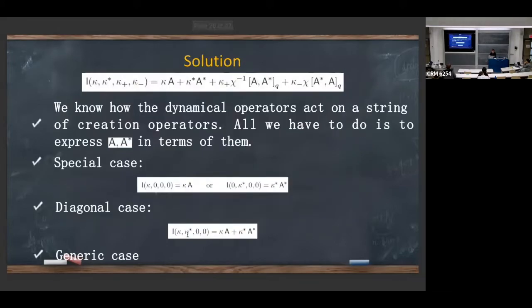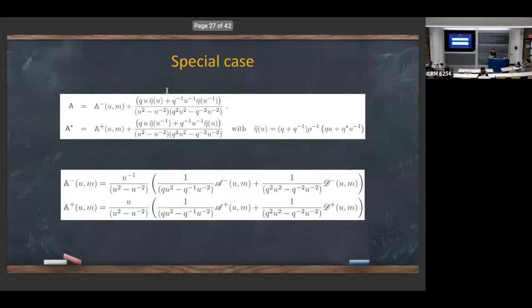So what we have to do now is, here we have this A and A star. We have kind of solved the inverse problem. What I mean by that is that we have to be able to express these elements in terms of these algebraic Bethe ansatz objects. So, for example, for the special case, we can express A in terms of a term proportional to the identity and A minus and D minus.